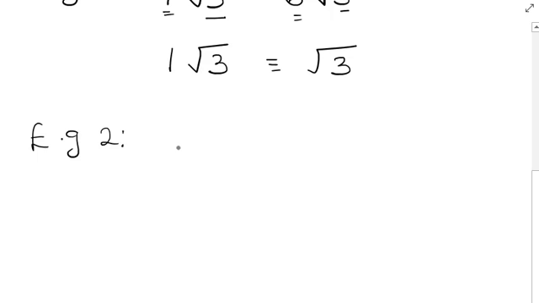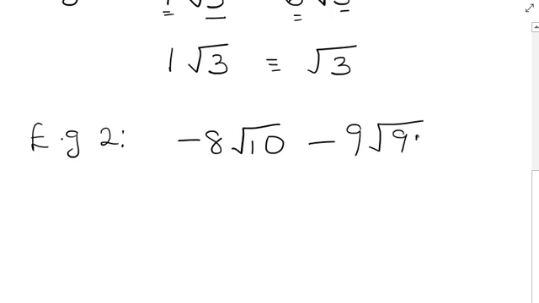Example 2. It says 8 root 10 minus 9 root 90. So we can see here that the radicands are not the same. When we look here, the radicands are not the same. You have 10 and you have 90.